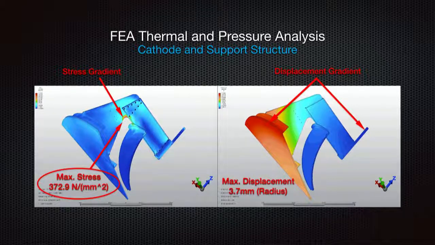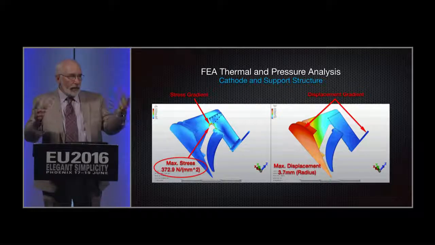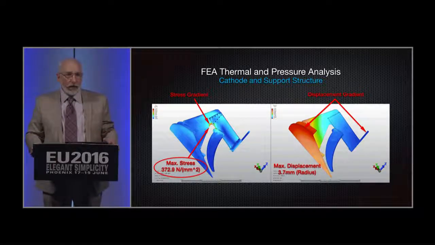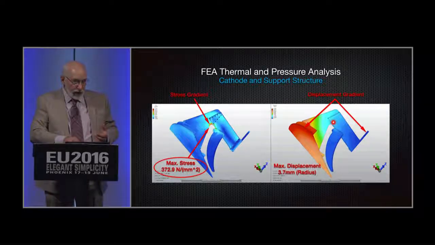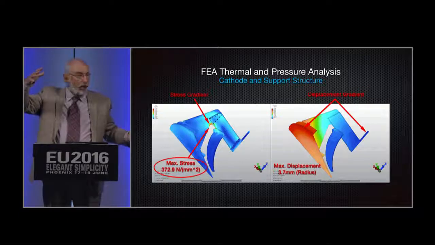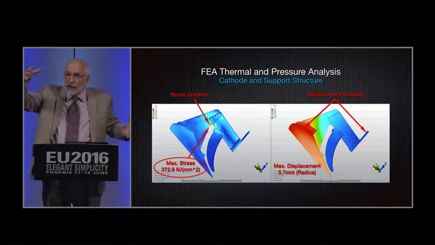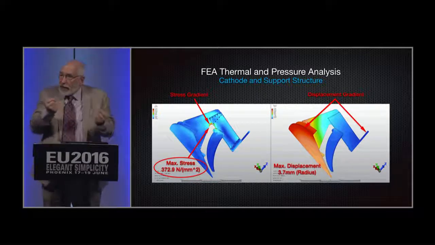You see right in this area here, the stresses are 372.9 megapascals. That might not mean much to most of you, but it's about 400% beyond what copper can handle. Because of the expansion and deformation we see here, the cathode under these temperatures is going to grow about half an inch. So how do we let it grow half an inch without the support structure breaking because it can't hold it anymore?